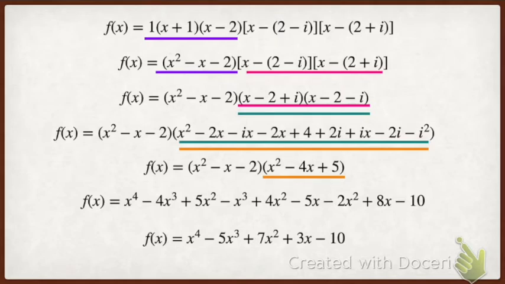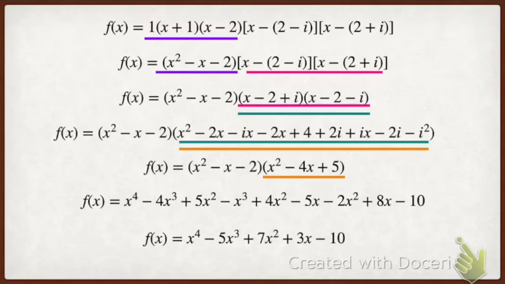When we do this, we get 9 terms. You take the x times the x, the negative 2, x times negative i. You do that for each element in the first trinomial, x minus 2 plus i. When you do this, you get all these terms, and we're going to combine all of our like terms. If you do this properly and you have the proper signs, all your i terms will go away.